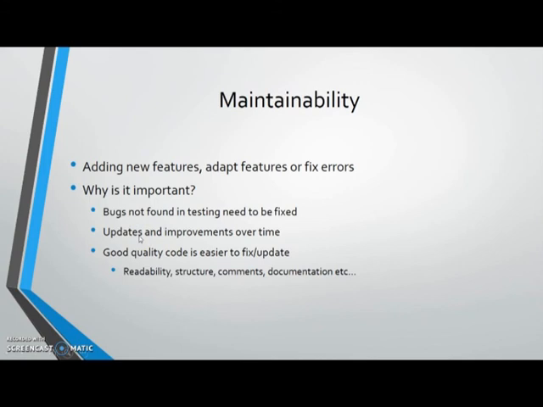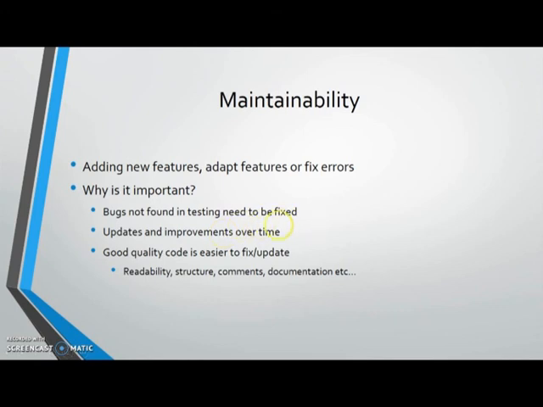Perhaps there are security updates that you need to put onto it. Perhaps again changing with updated hardware or different devices. There might be new features that you want to put into it. There might be improvements to make it more efficient, make it faster as the coding libraries have developed over time.